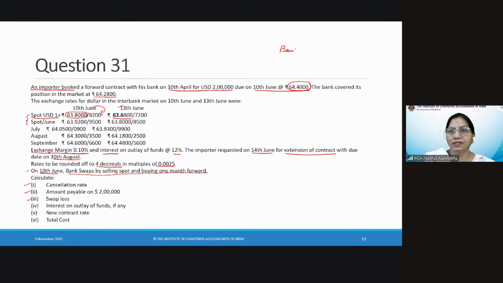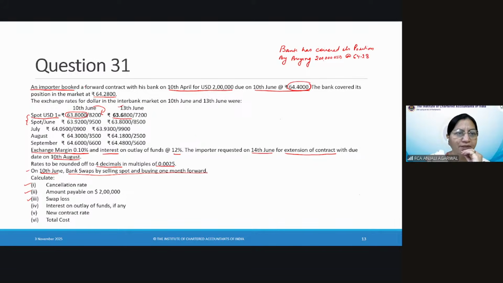Bank has covered its position by buying 200,000 USD at the rate of 64.28. Right? Clear? Bank has bought it at 64.28.